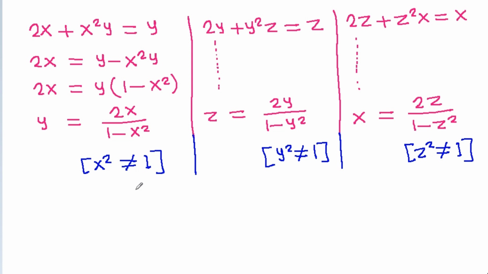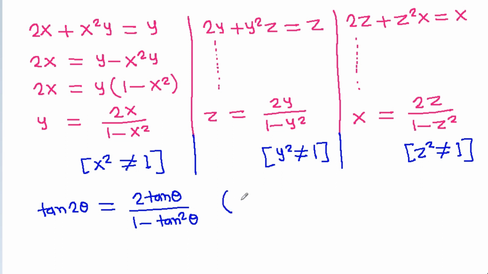And now see these values carefully. You might remember that tan 2 theta is equal to 2 tan theta by 1 minus tan square theta, where tan square theta is not equal to 1.